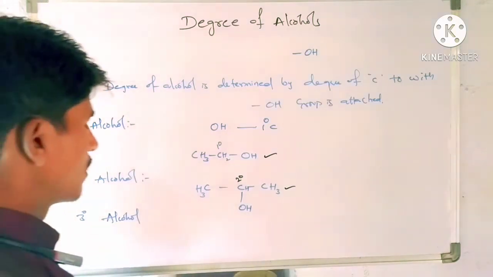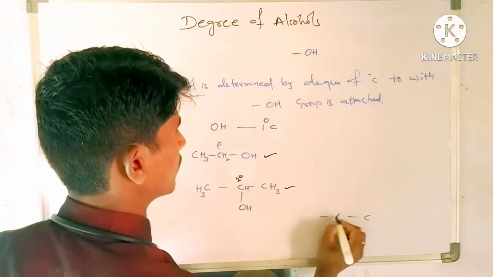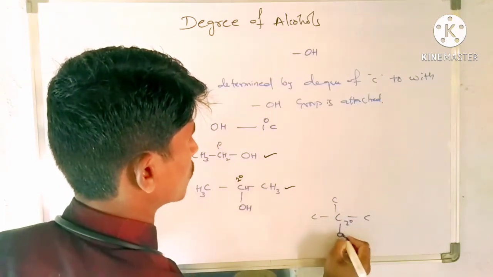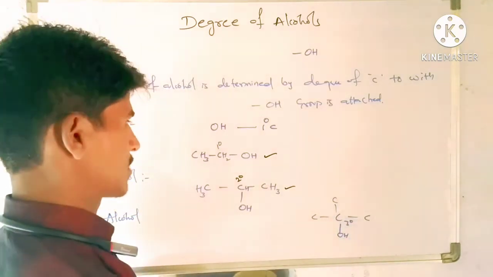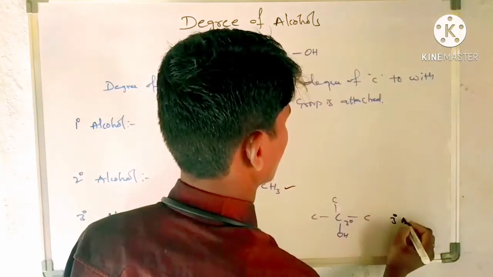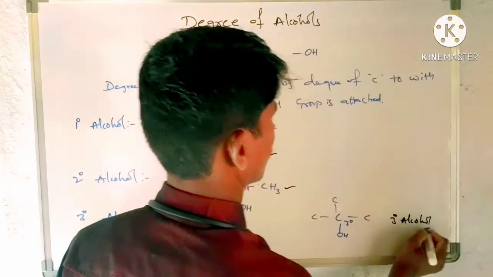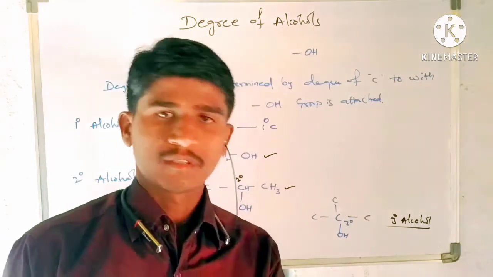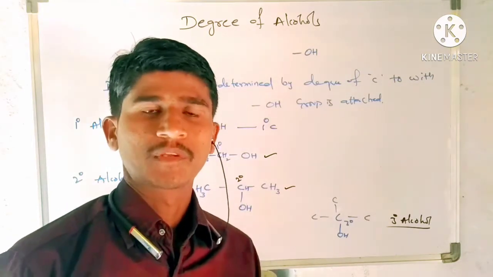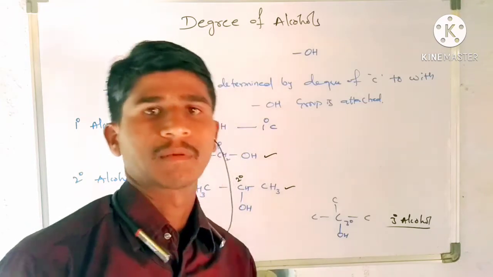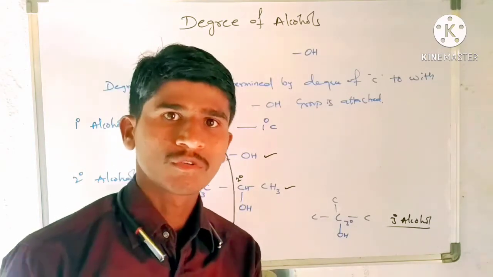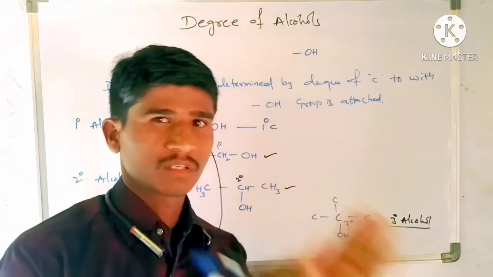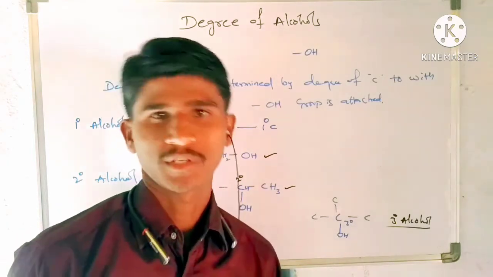If the OH group is attached to the tertiary carbon, this is the tertiary carbon to which the OH group is attached, and this is called tertiary alcohol. This is about the degree of alcohols. OH is the functional group. If OH is attached to the primary carbon, it is primary alcohol. If attached to the secondary carbon, it is secondary alcohol. If attached to the tertiary carbon, it is tertiary alcohol.